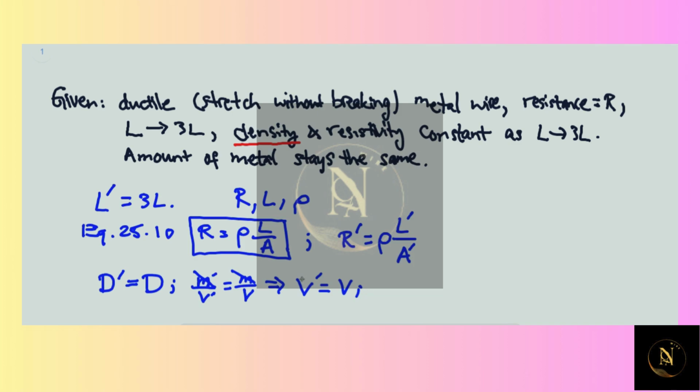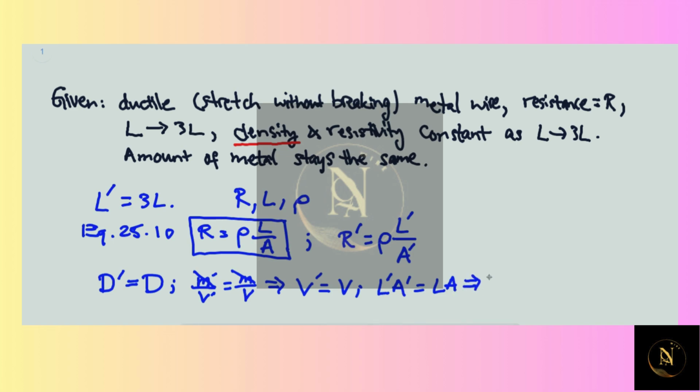Using the definition of the volume, L prime A prime is equal to LA. That's the length times the cross-sectional area.